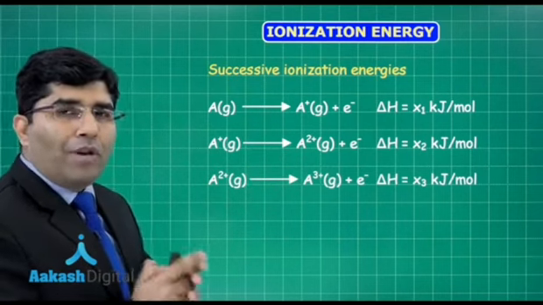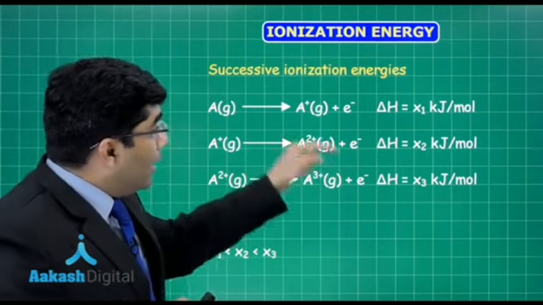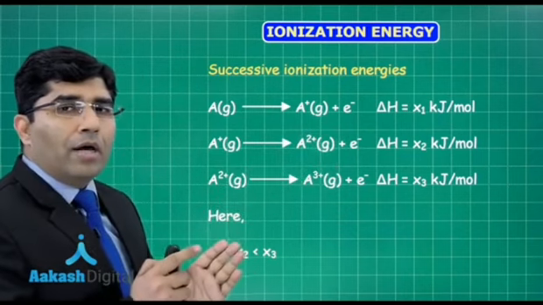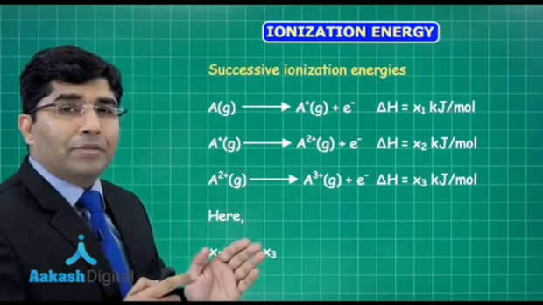So what will happen? In this case, x3 is greater than x2 and x2 is greater than x1. Why? Because the effective nuclear charge will increase in that case, right?